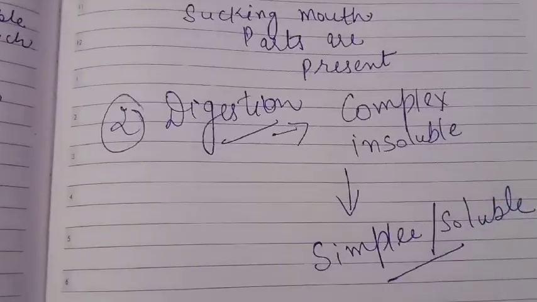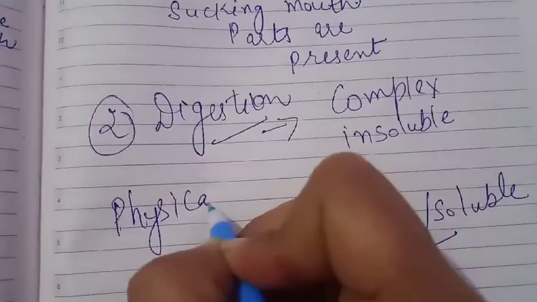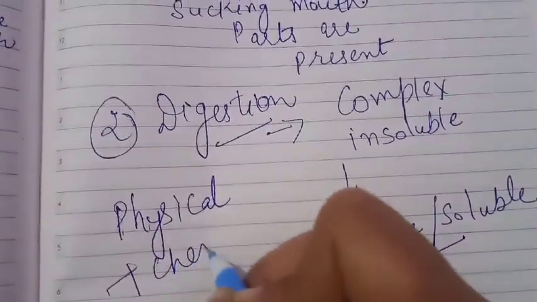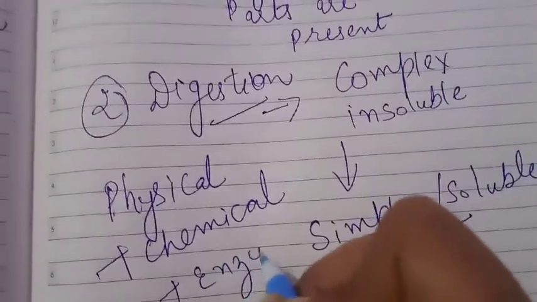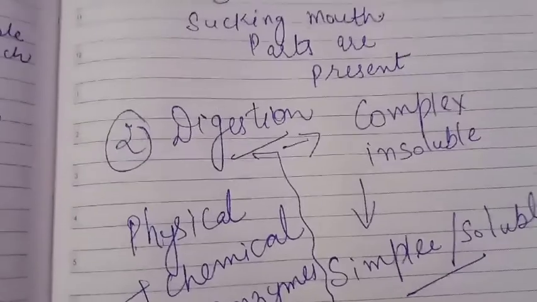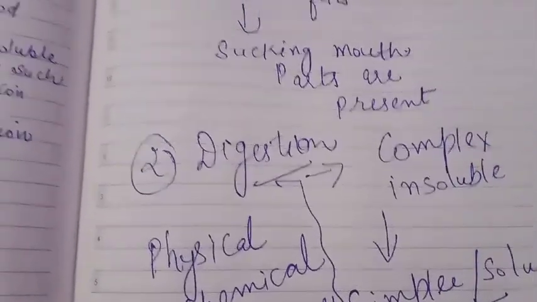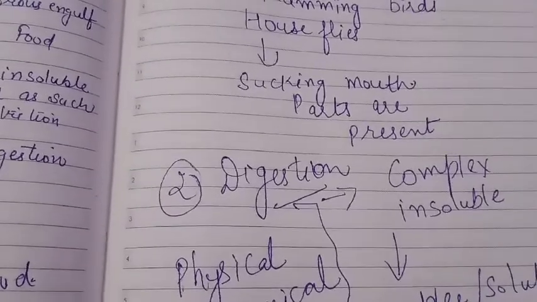What is a physical action? Physical plus chemical plus enzyme, all these processes occur in digestion. In the physical action, teeth in our mouth help to cut the food.